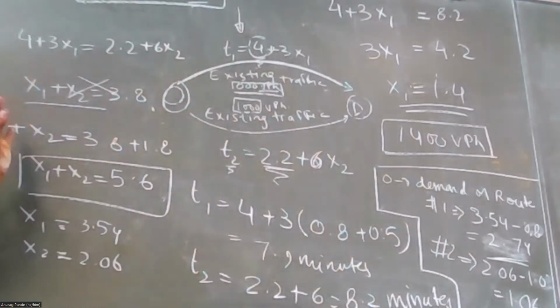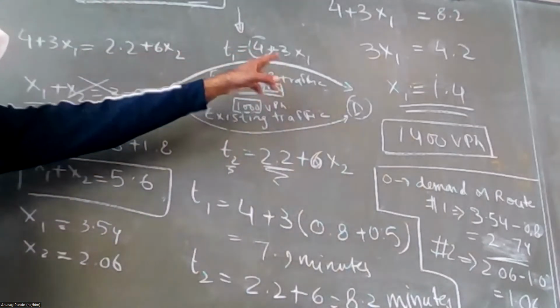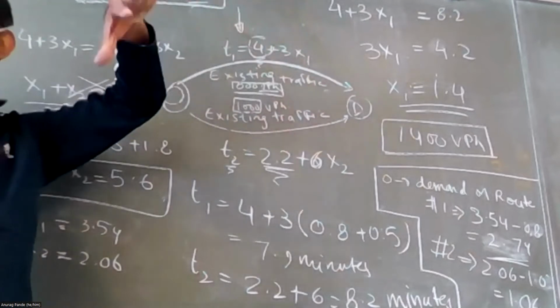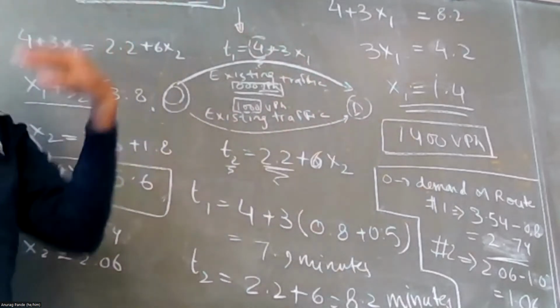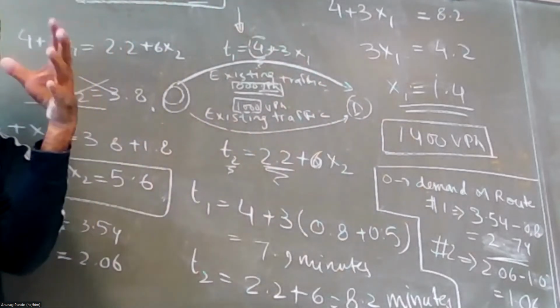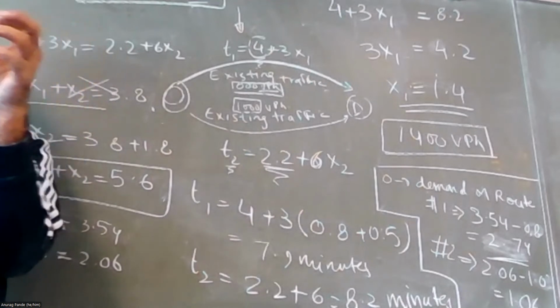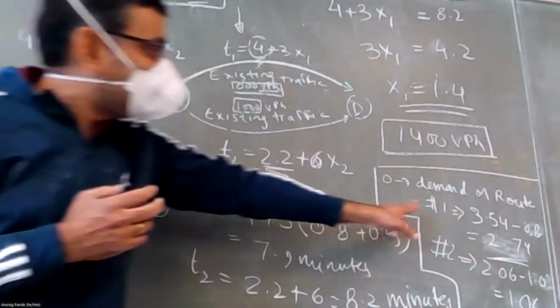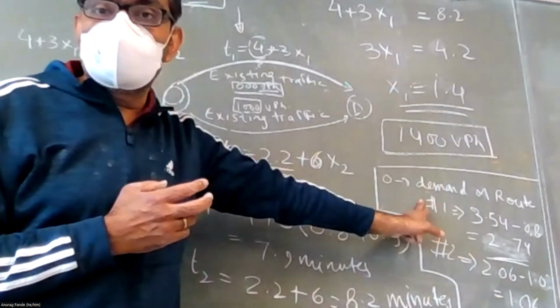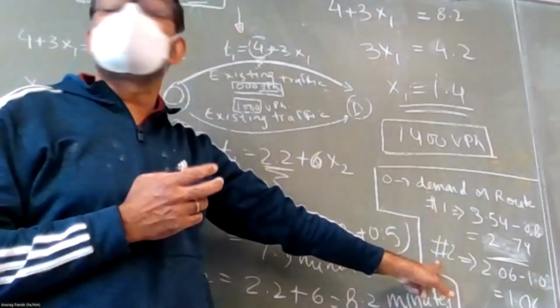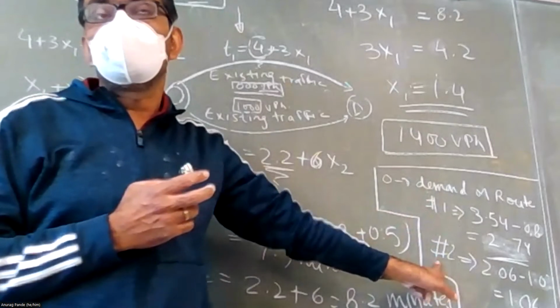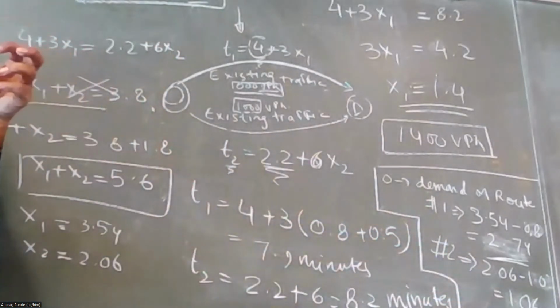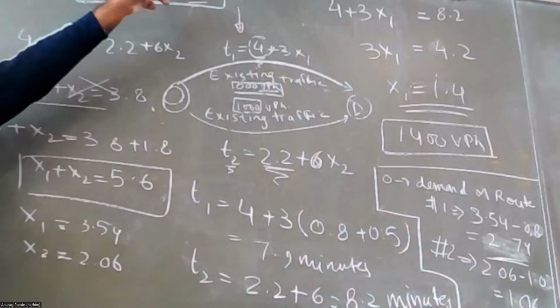If you decide to do that, you're looking for x1 prime and x2 prime, two different variables, where x1 prime is the OD demand that uses route 1, x2 prime is OD demand that uses route 2. Those new variables would add up to 3.8.